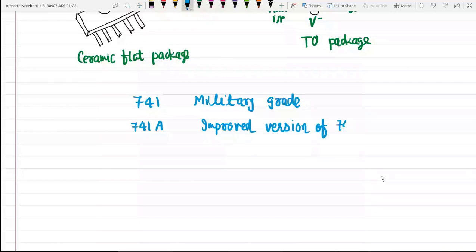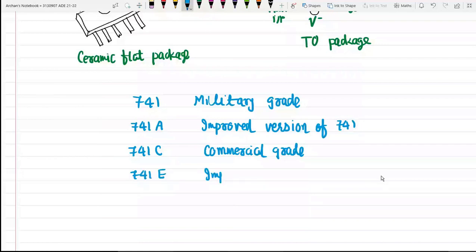Then we may have 741C, which is commercial grade. Then we may have 741E class, which is nothing but the improved version of the commercial grade class.